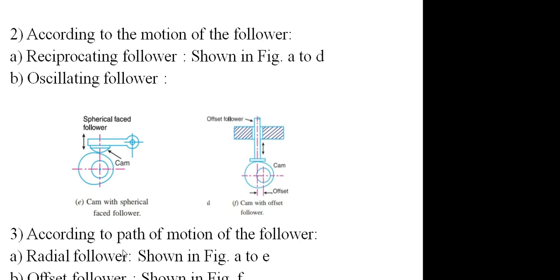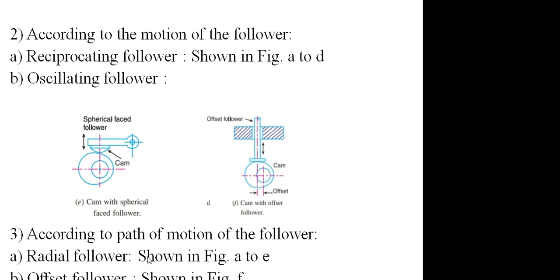The third category of classification of follower is according to the path of motion of the follower. The first follower under this category is the radial follower. What is a radial follower?